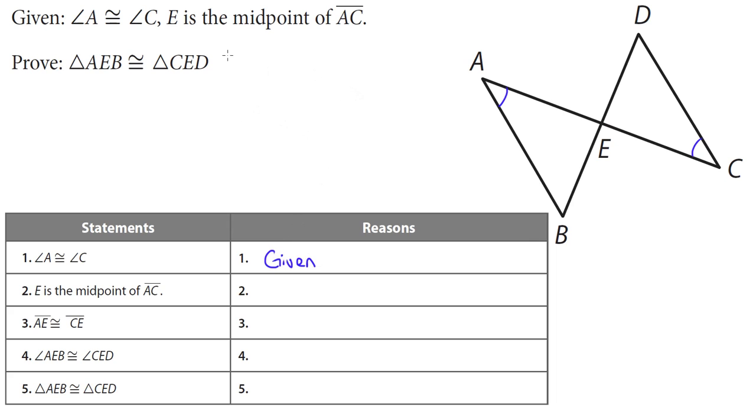And we also know that E is the midpoint of AC. Now think about what that tells us. If E is the midpoint of side AC, what that tells us is that AE is congruent to CE. Because remember, the midpoint cuts a line segment in half. And so this is also given.